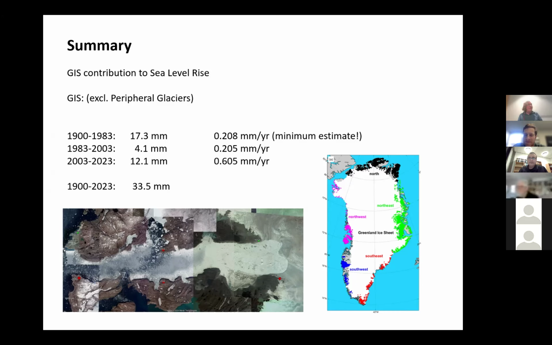Can you estimate how much it is relative to the current retreat? Well, I don't remember the numbers, but it is mentioned in the publications. Right, thanks.